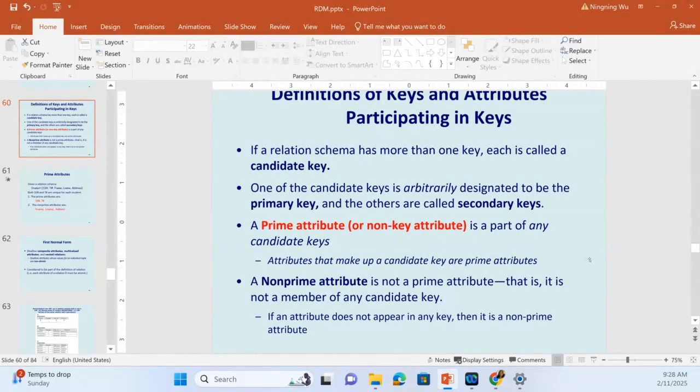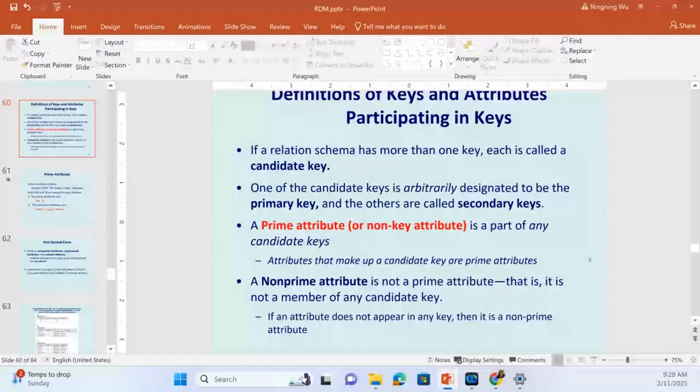A prime attribute is an attribute that appears in at least one key. Key here means the candidate keys, and candidate keys contain both the primary key and the secondary keys.